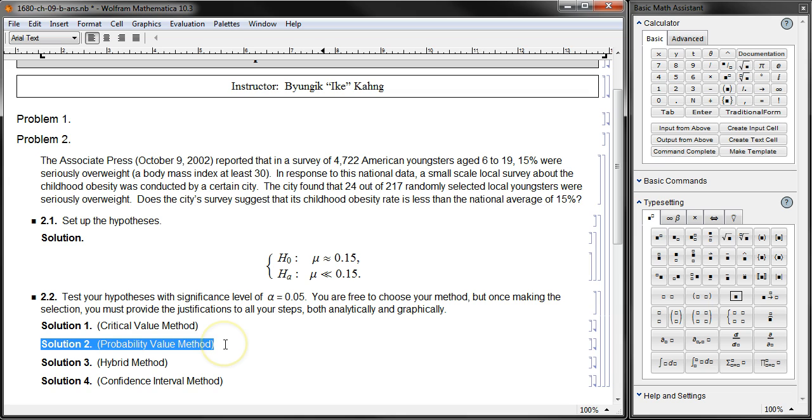After all, solution 2 is the preferred method by our textbook. Over the years, however, I found that the students who worked out the critical value method were consistently scoring higher and getting higher grades. So I would like to emphasize solution 1 a little bit more.